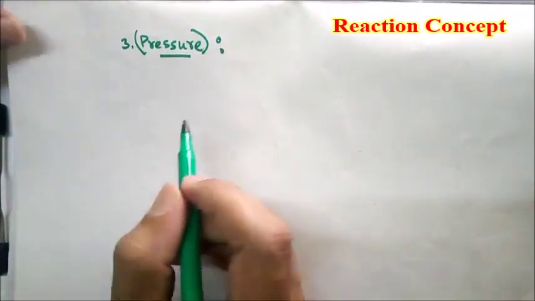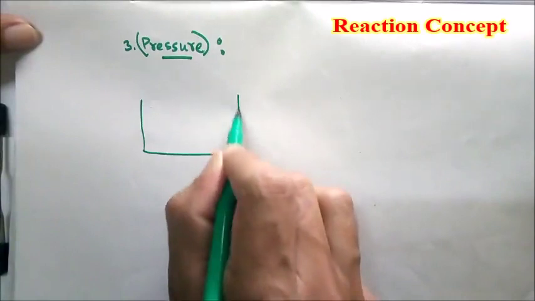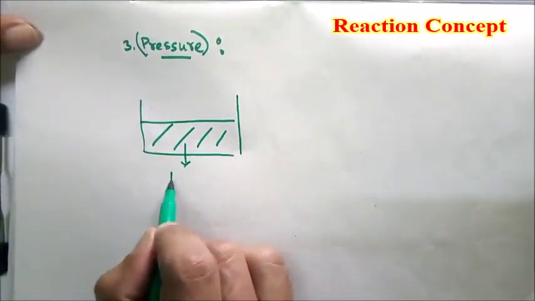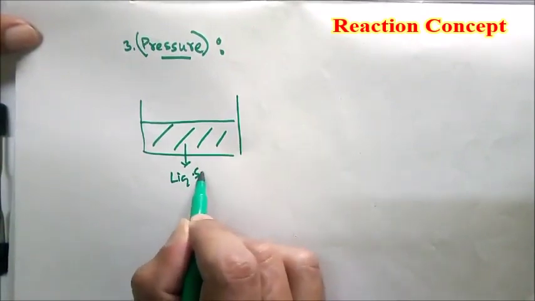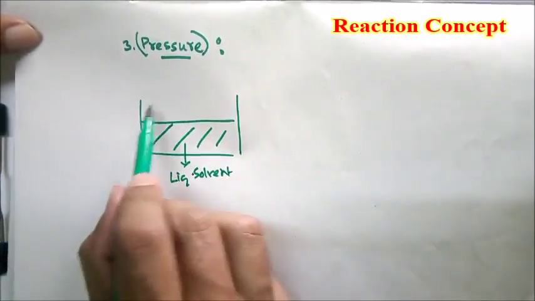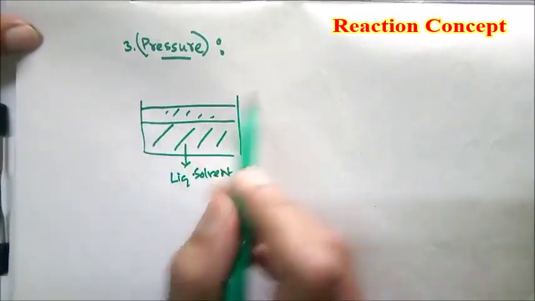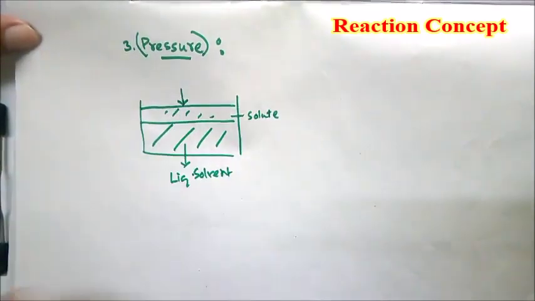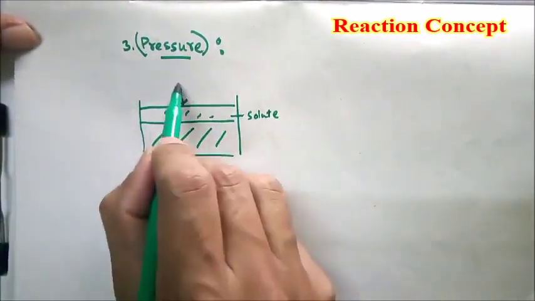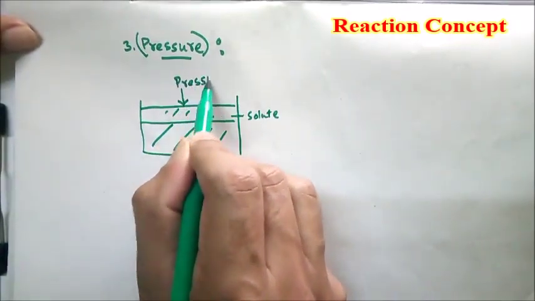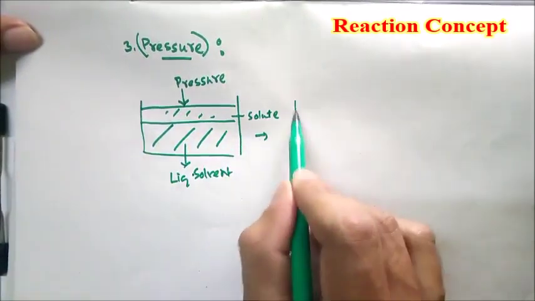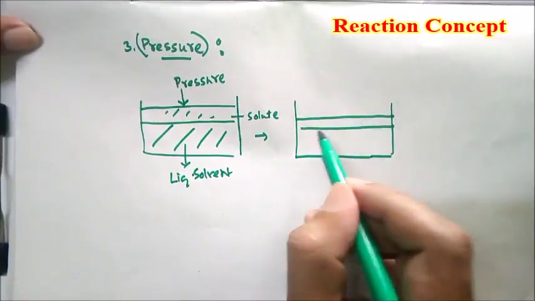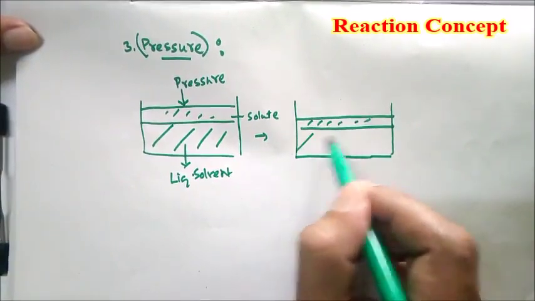If we are considering a solution where the solvent is a liquid, and you have a gas over it, which is the solute component of the solution, now if we increase the pressure on this gas, then the gas will compress.